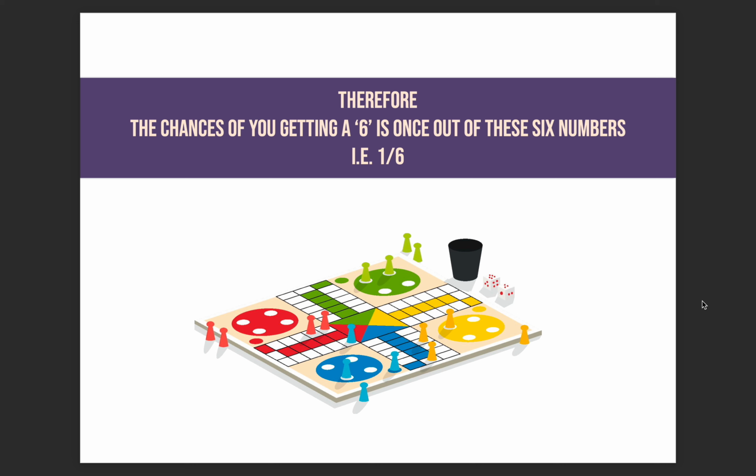Therefore, the chance of you getting a 6 is once out of these 6 numbers, that is 1 upon 6, or 1 divided by 6, which means you can get 6 only one time because it is not repeated on the dice. If you roll the dice once, the favorable outcome is 1, and the number of total possible outcomes is 6.